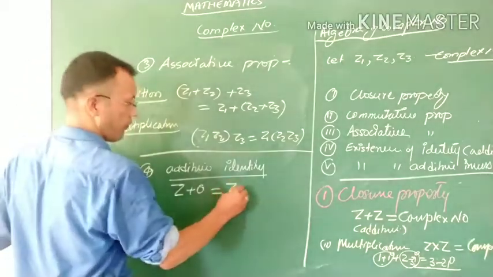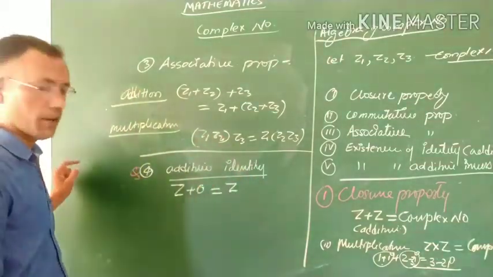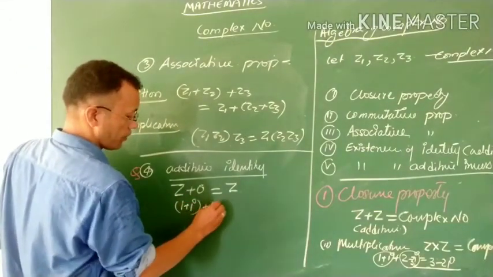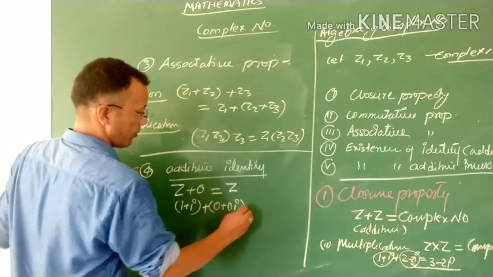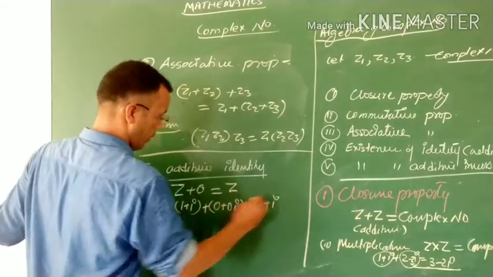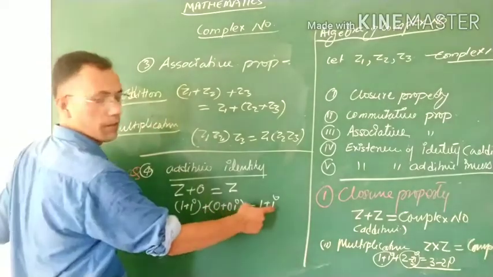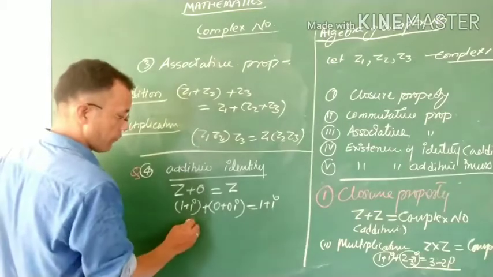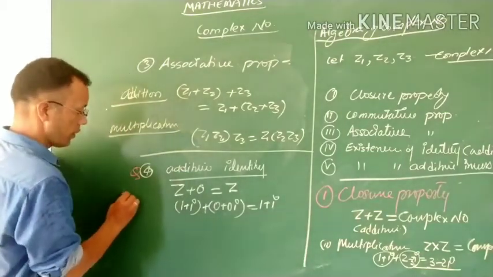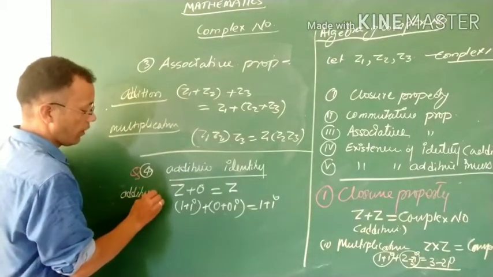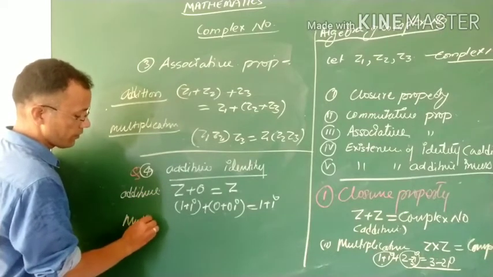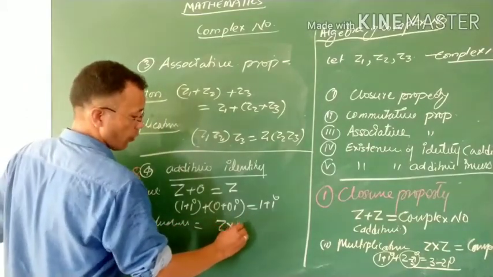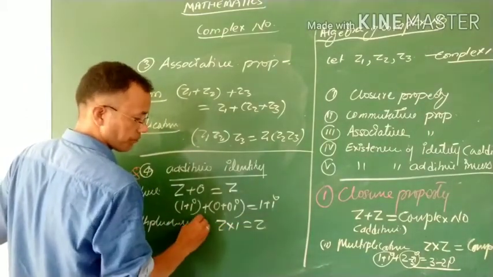This is called additive identity. Z will remain Z. Or for example, 1 plus iota plus 0 iota is the same, 1 plus iota. So Z plus 0 is equal to Z, right? So that is called additive identity. And this is multiplicative identity. Just assume this one: Z into 1 is equal to Z.